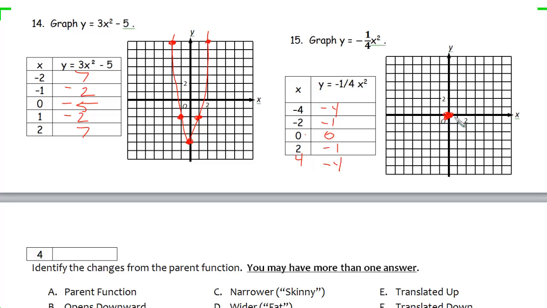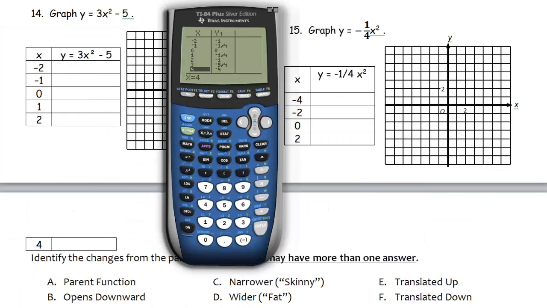I go over 1, 2, and then down 1, then go over to 4, and down to negative 4. And again, this y-axis is the line of reflection, so I just reflect these back over. And this one opens up like that. Simple as that, very easy when I use my calculator.